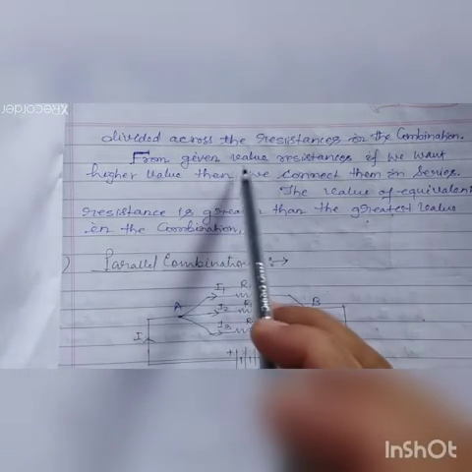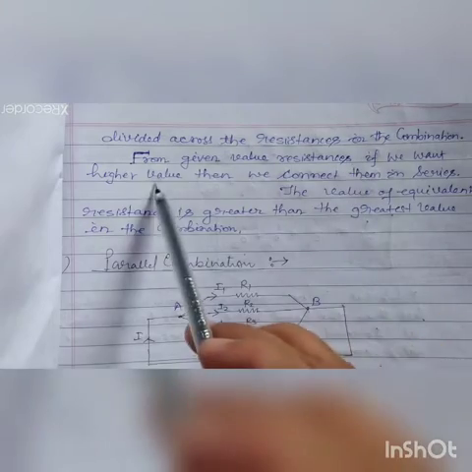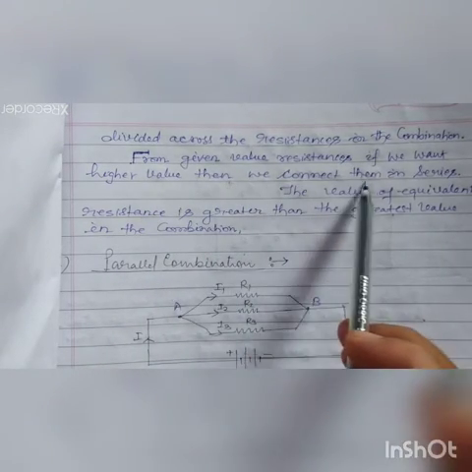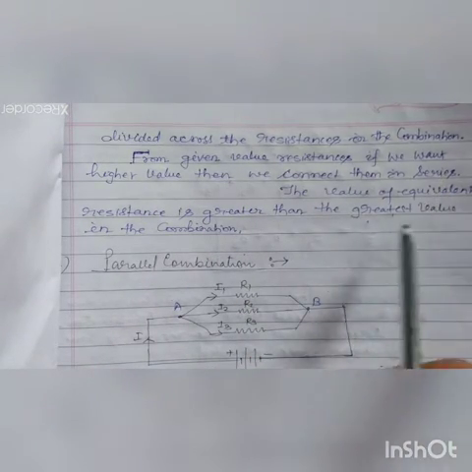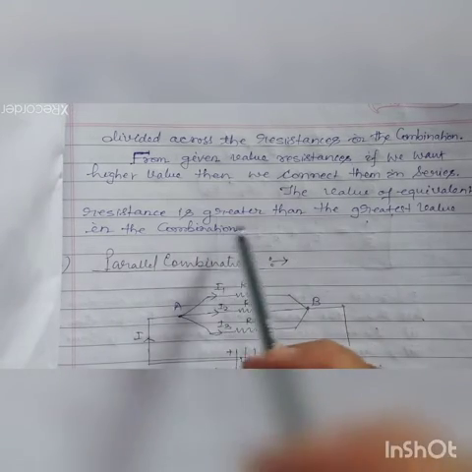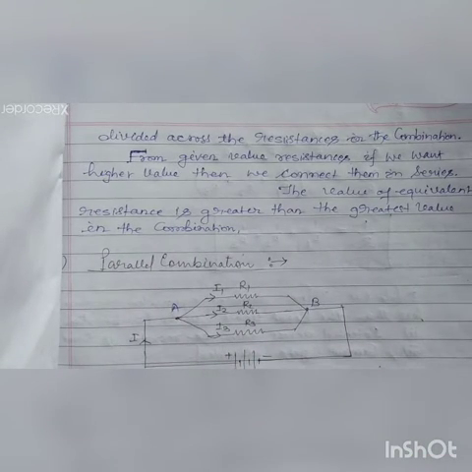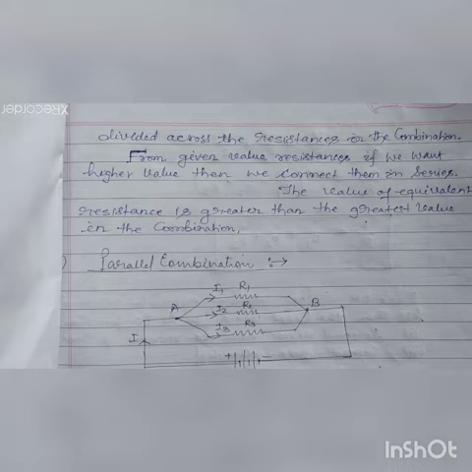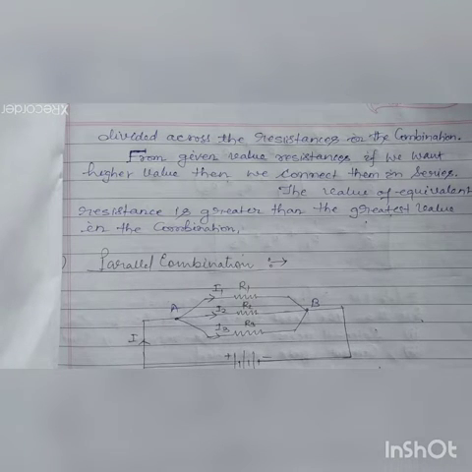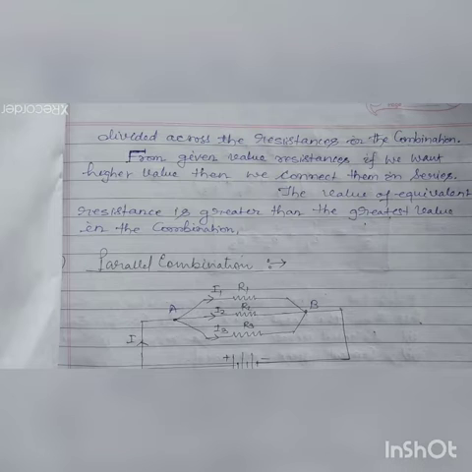From the given value resistances, if you want a higher value, then we connect them in series. The value of equivalent resistance is greater than the greatest value present in the combination. Next is parallel combination.